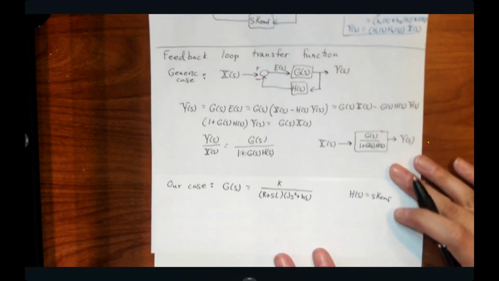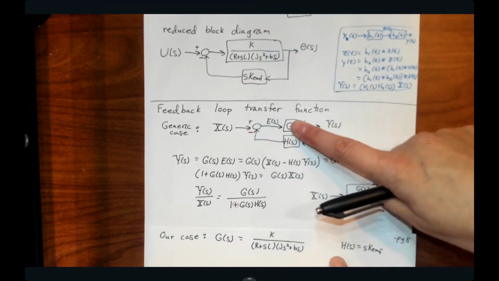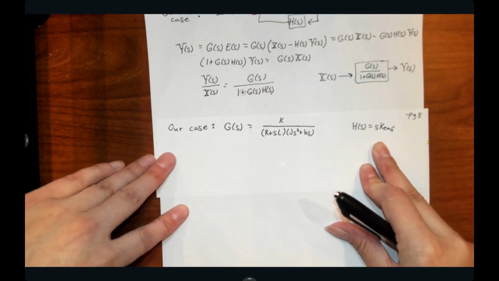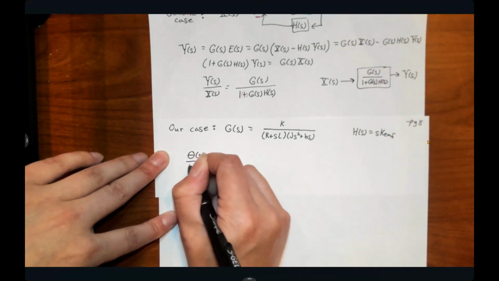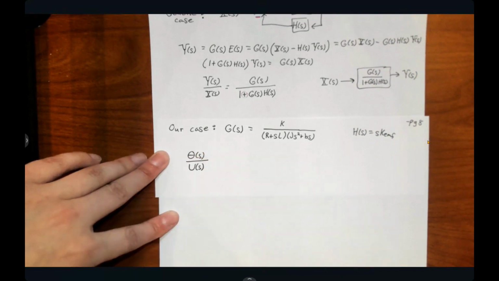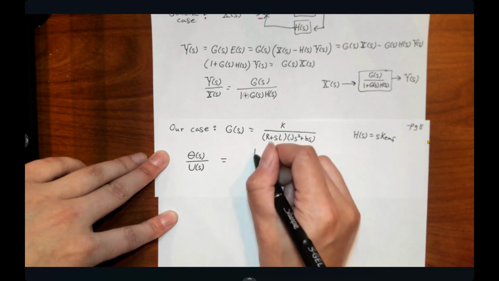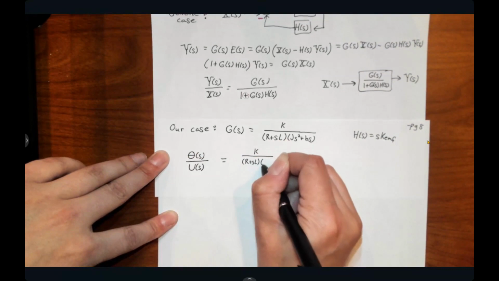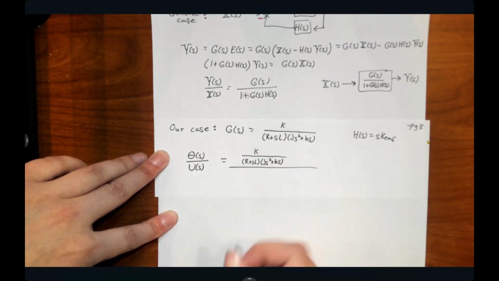Here we're just comparing what we have up here to the form that we have there. And so then I can substitute in directly for this, and I get my motor position related to the applied voltage to the motor. It's going to get a little bit messy here, which is an unfortunate consequence whenever we have these feedback loops.